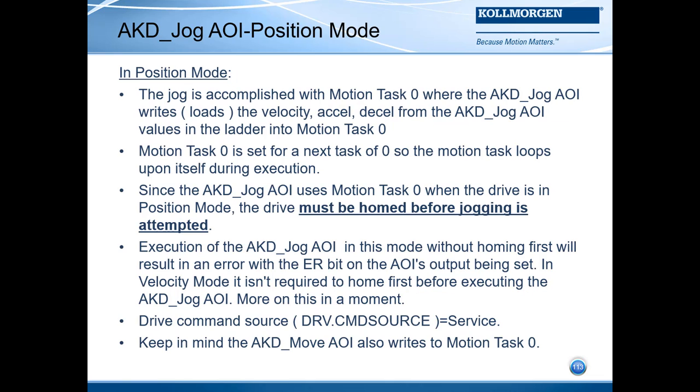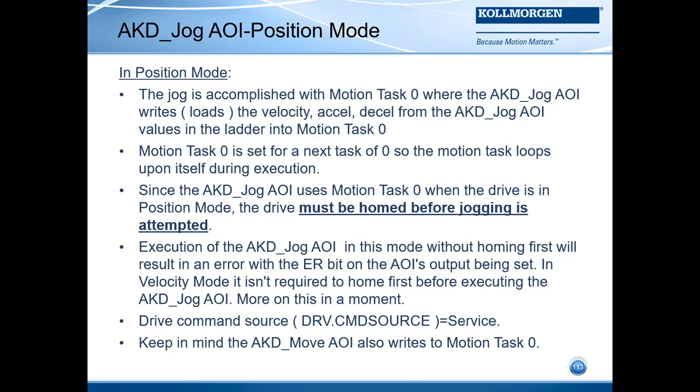In position mode, the jog is accomplished with motion task 0, where the AKD jog add-on instruction writes or loads the velocity, accel, and decel values from the AKD jog add-on instruction in the ladder into motion task 0. Motion task 0 is set for a next task of 0, so the motion task loops upon itself during execution.